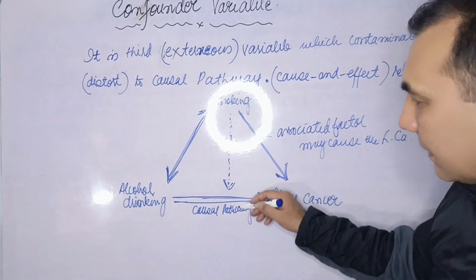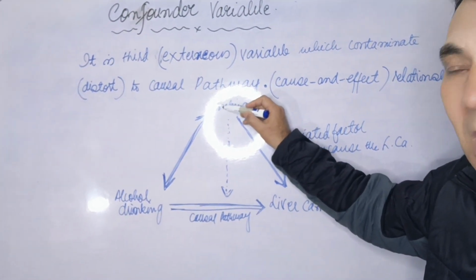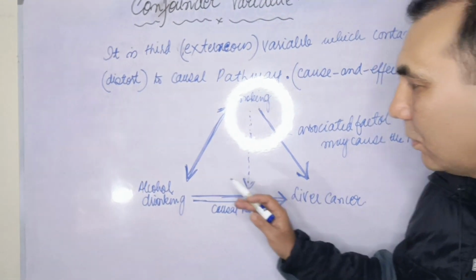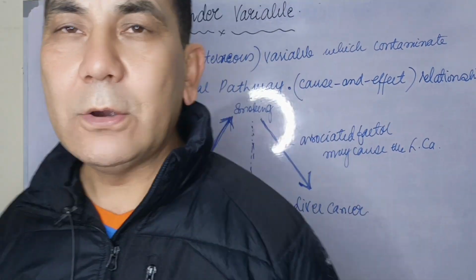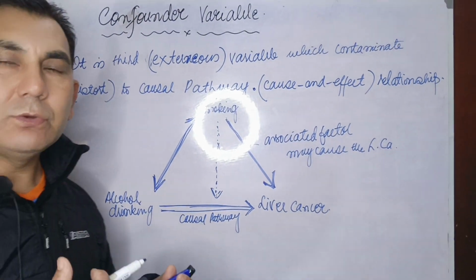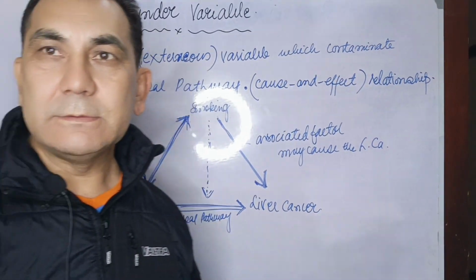If it fell in the causal pathway, then smoking would become a cause and liver cancer the effect. I hope this diagram clears your concept about confounding variables.